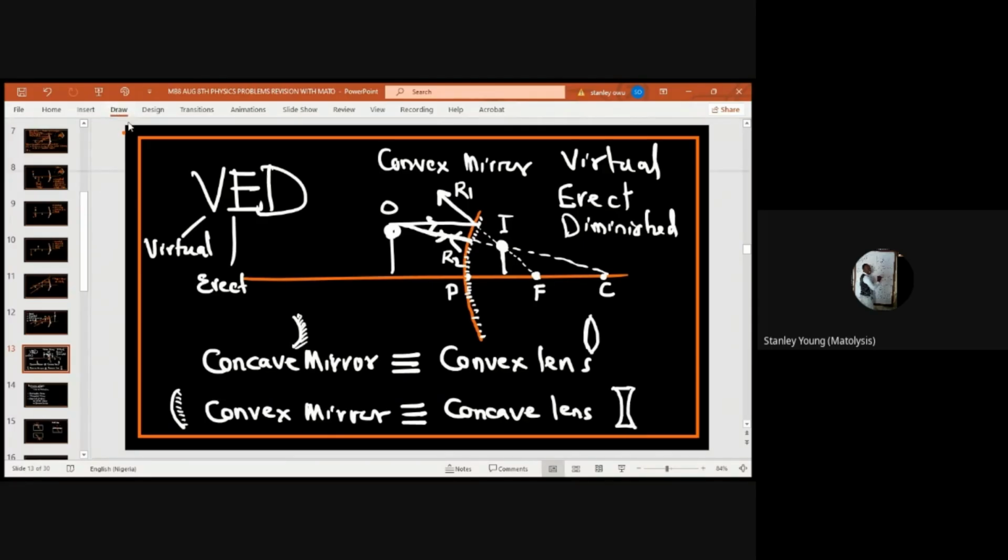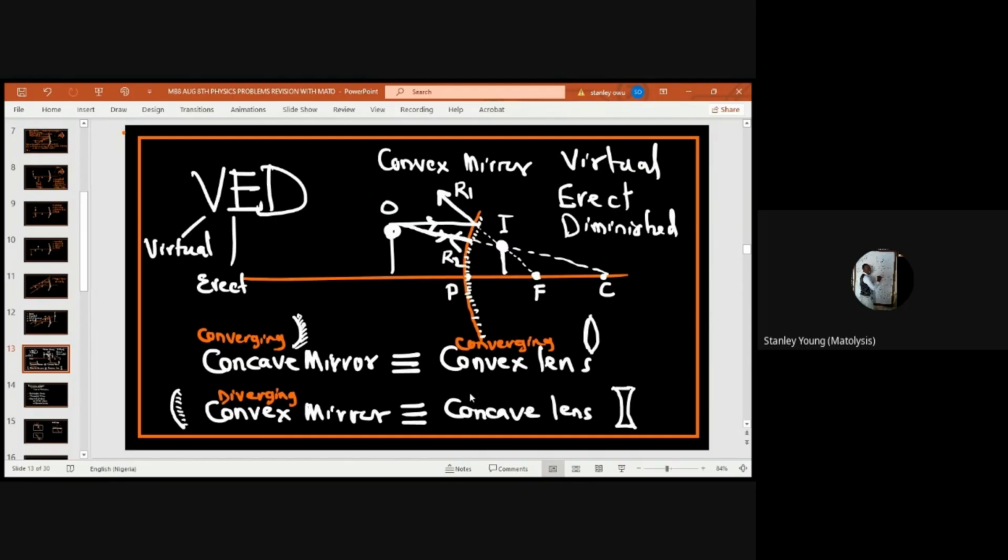So a concave mirror is a convergent mirror. This is convergent. A convex lens is also convergent. So a convergent mirror has the same characteristics as a convergent lens. A convex mirror is a divergent mirror. It diverges rays after reflection.